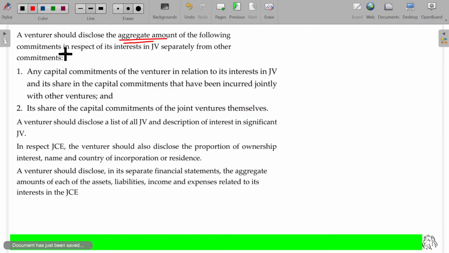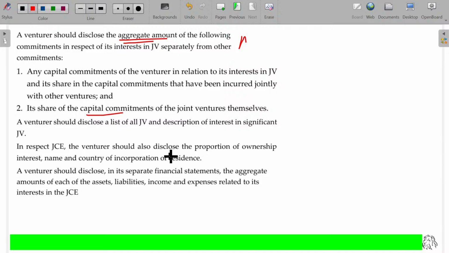If there is any commitment, they have to express their own aggregate amount supposed to be payable, or any capital commitment they have should also be reported as notes to accounts below the balance sheet. These are called disclosures, right? Is there any contingent liability? To what extent are we supposed to meet that, and what about the capital commitment from our side? All these things are going to be disclosed here.